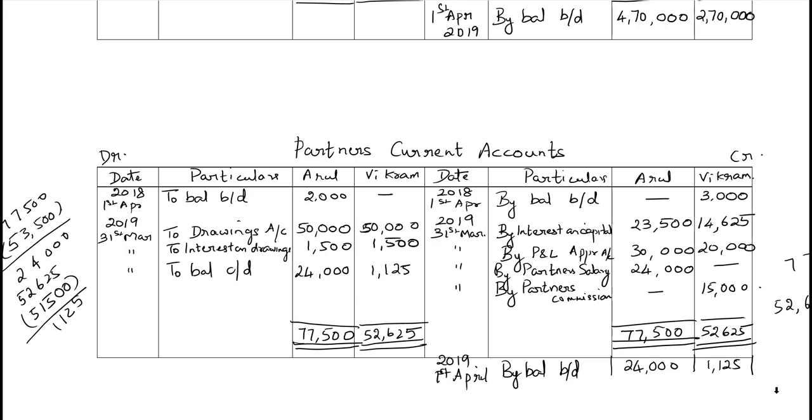The opening balance was a debit balance for Arul of 2000 and a credit balance for Vikram of 3000. The closing balance, however, is a credit balance for both of them, 24,000 for Arul and 1,125 for Vikram. So we've learnt how to prepare the partner's capital account and the partner's current account in the fixed capital method.